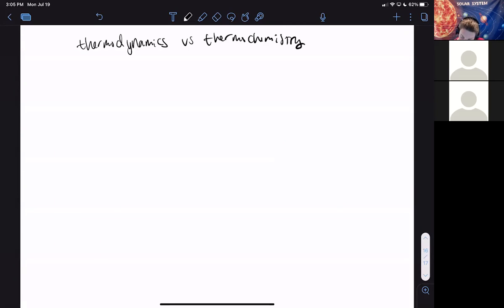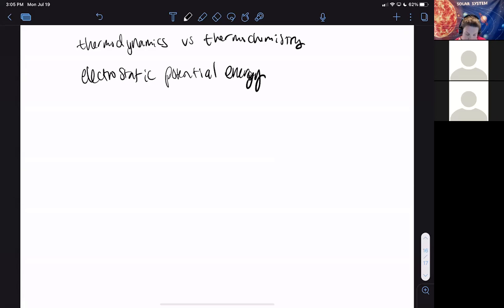You should know the definition of electrostatic potential energy. There is an equation for it.